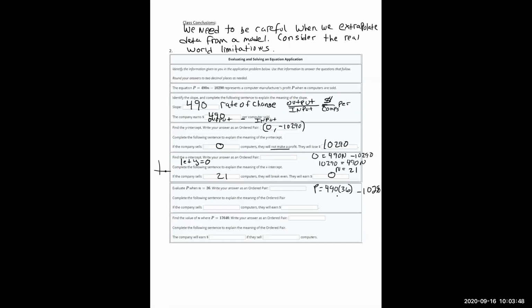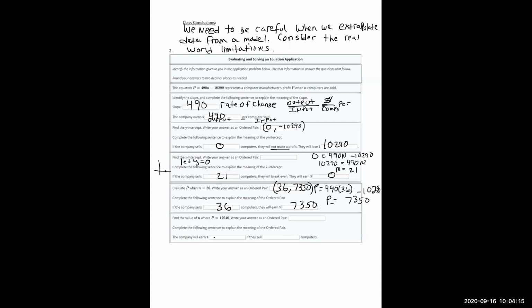Punch that up on your calculator. All right, and we get a profit to be $7,350. So as an ordered pair, I'm 36, 7,350. So what does that mean? Well, it means that when we sell 36 computers, we've earned $7,350 in profit.